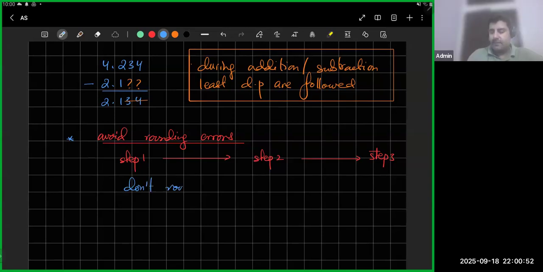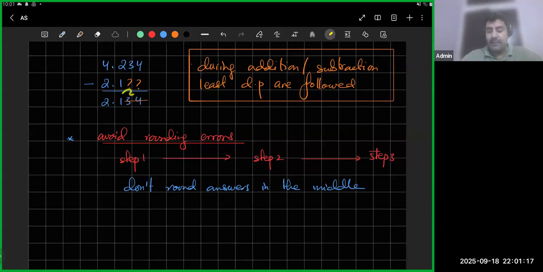Okay, don't round answers in the middle of the steps. If you have to write it on paper, you're going to round it off, so you're going to write 2.1. But don't round it off on your calculator.